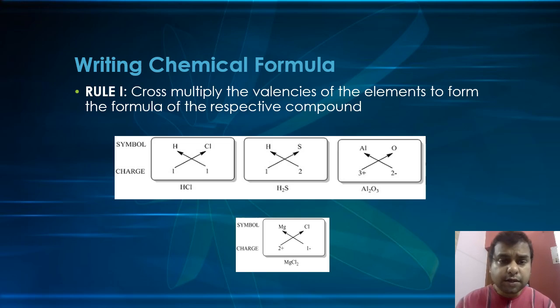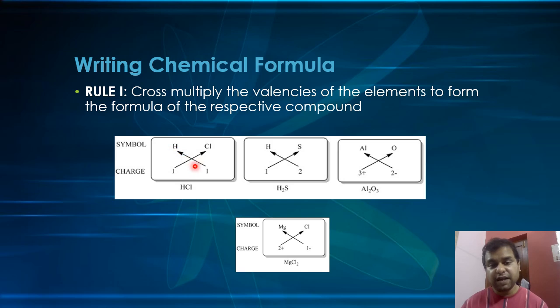Okay, so the first rule says that we need to cross multiply the valencies of the atoms to form the formula of the respective compound. Now, what is not shown here is the positive and negative charges. At least in the first case, it just says H combines with Cl, that is, hydrogen combining with chlorine.